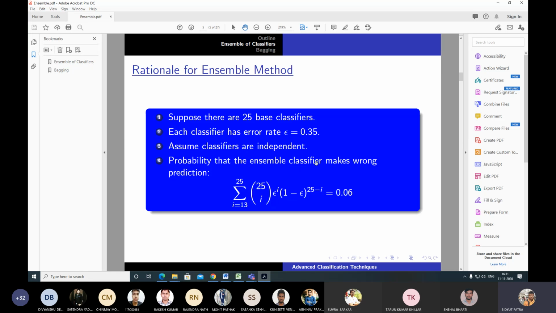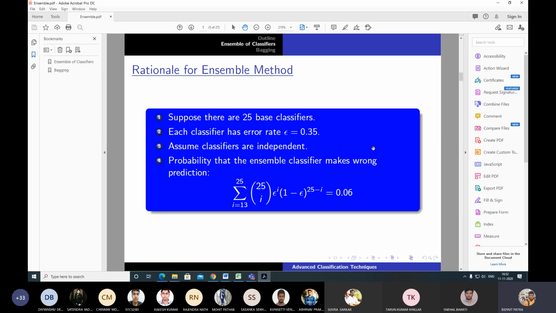For a particular test data set, a test object will be misclassified by the ensemble when, out of the 25 classifiers, more than 50%, that is at least 13 classifiers, make the same mistake.